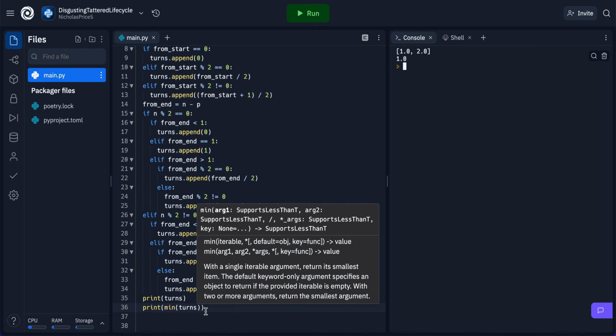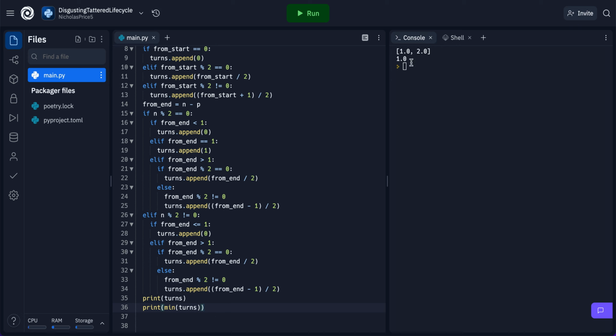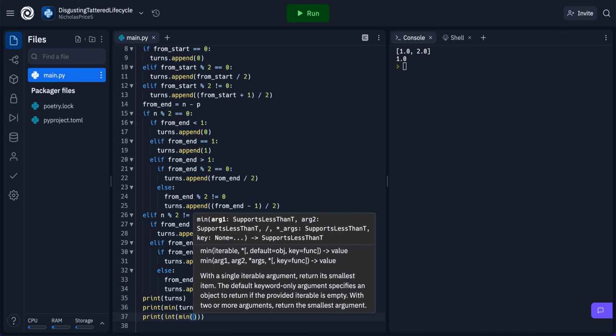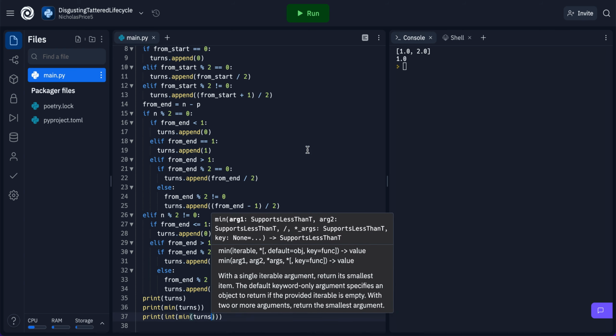The min is 1. And look at that. We've actually got a float. This question is asking for an integer. So we will print int min turns. Let's check that out. Make sure it's giving us what we want.